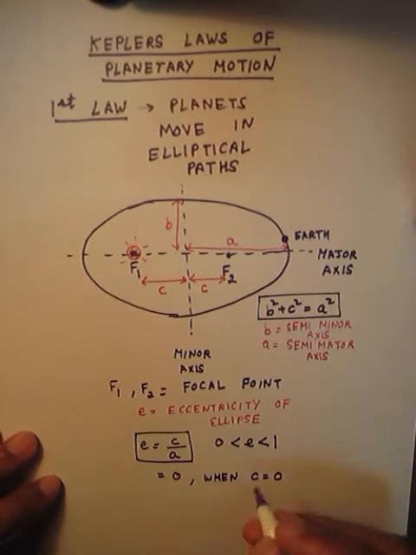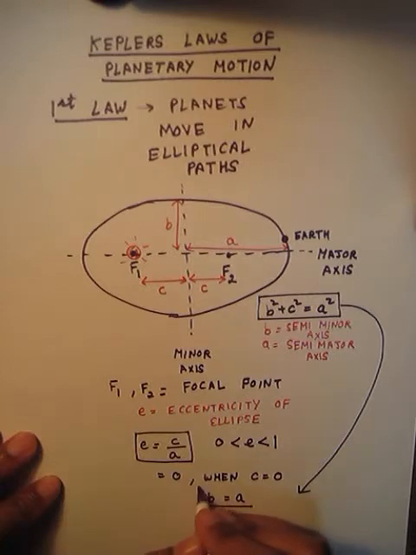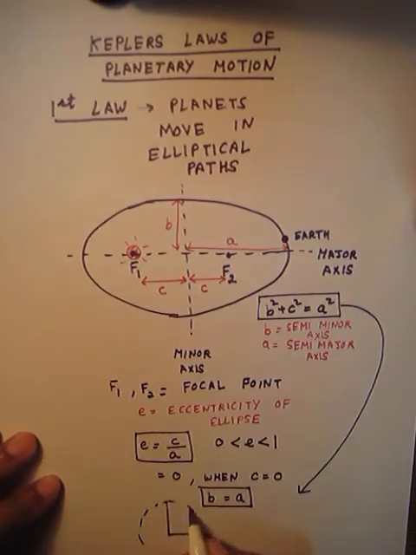So if C is 0, then using this equation, B will be equal to A. If both these distances are equal, it means it is a circle. So a circle is an ellipse with eccentricity 0.